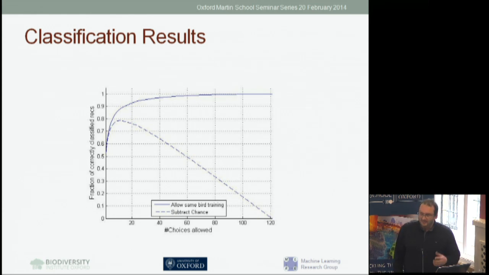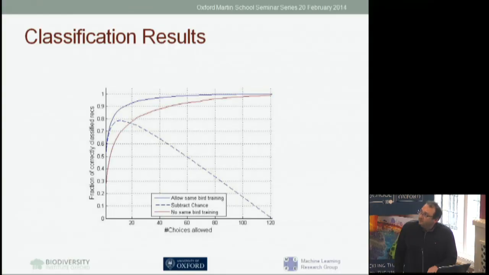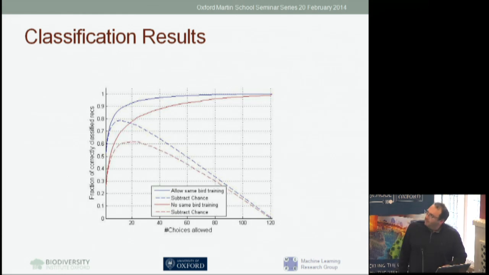This allows the classifier to tell which species a recording came from using recordings from the same individual, from the same bird. You cannot expect to have that in reality. When you disallow that, you get slightly worse performance, and again, corrected for chance, this is the performance you get.